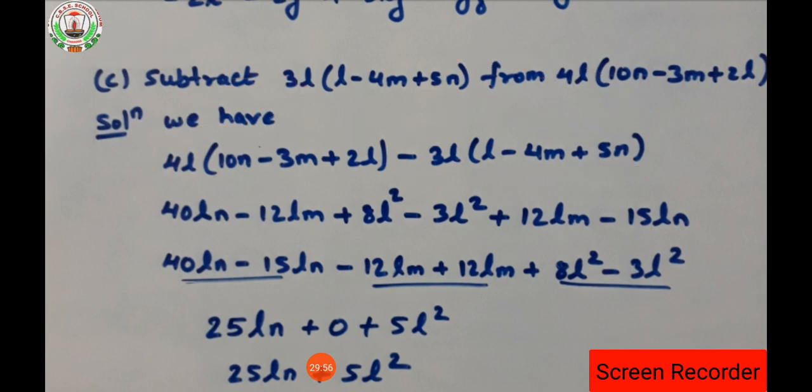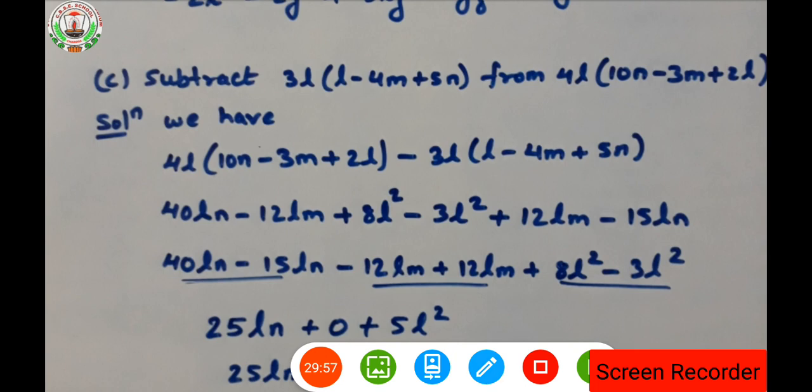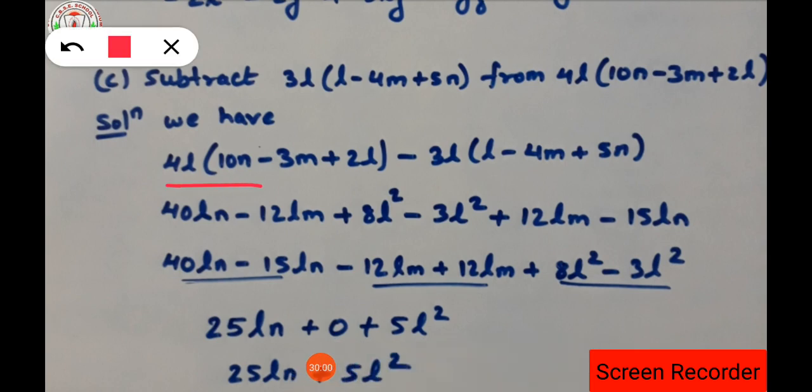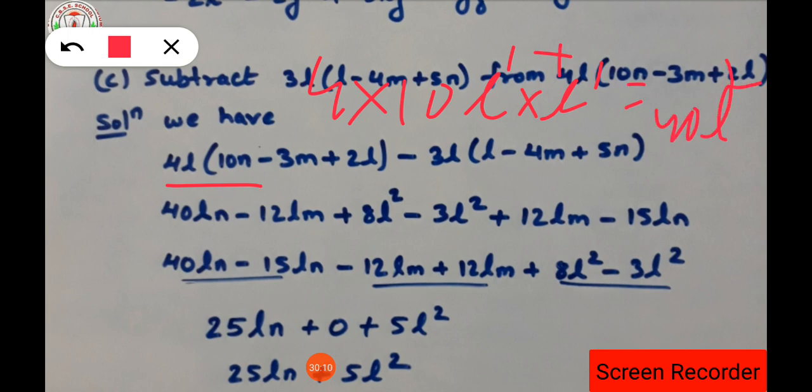So when it is multiplied, 4 into 10 is how much? 40, isn't it? And l into l, the power is 1, so 1 plus 1 is 2. So it will be 40l square. In the same way, 4l will multiply with minus 3m. It will become minus 12lm.